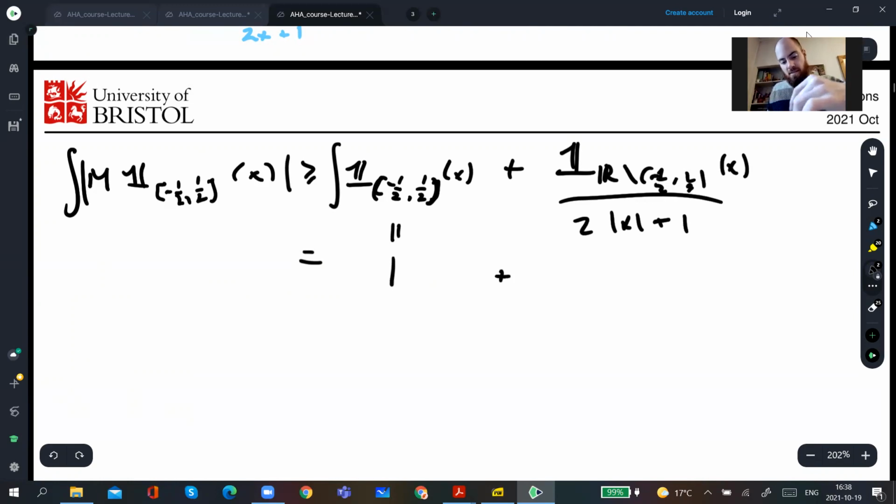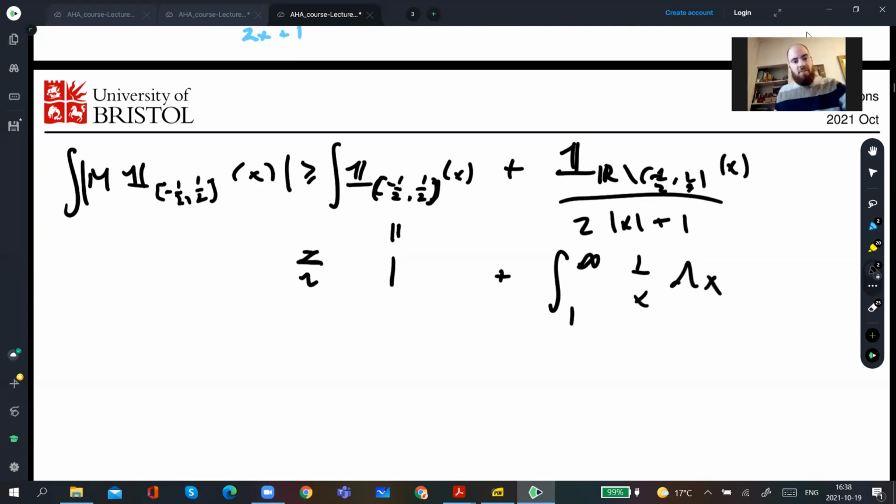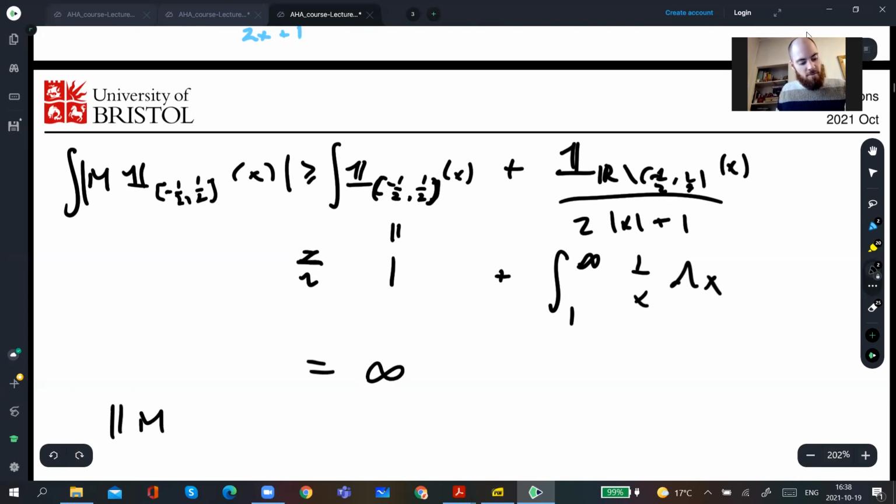But this is plus something that is basically like the integral from 1 to infinity of 1 over x dx. And that we all know to be a divergent integral. So this right-hand side is actually equal to infinity. That means that the L1 norm of this maximal function is infinite. It's not in L1 of R1.